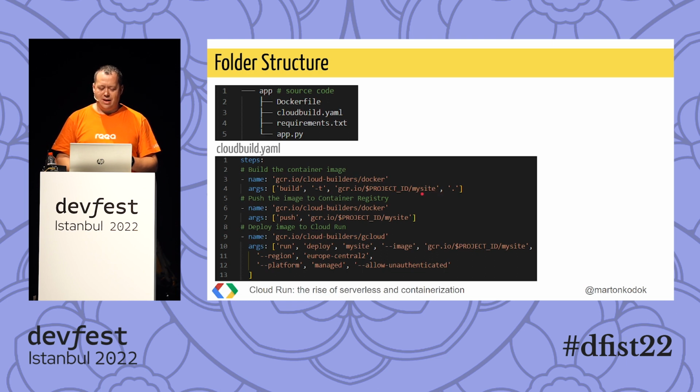You then push it, like you set here, my site. And then there is the gcloud utility where you deploy the app. Run deploy my site, the image, which is the parameter. Region, you choose Europe Central in my example. Platform managed and allow unauthenticated. It means that it's accessible to the public, because natively when you deploy something, security by design is only internal use. So you need to specify if you want to use it in a public environment.